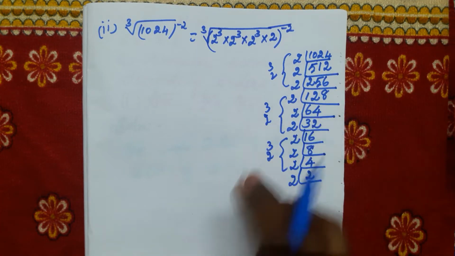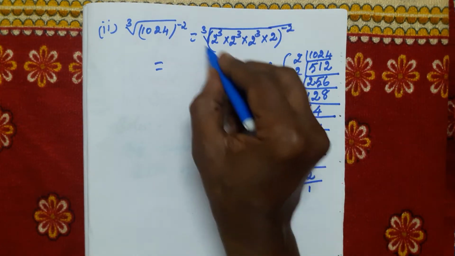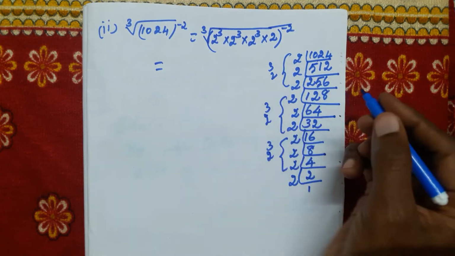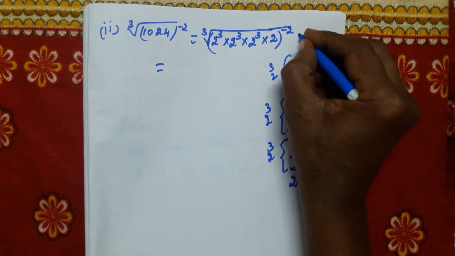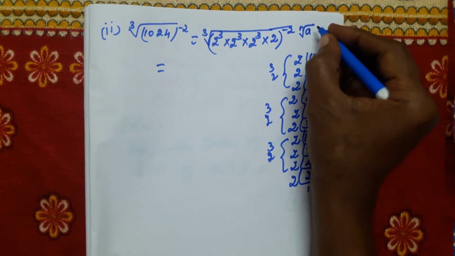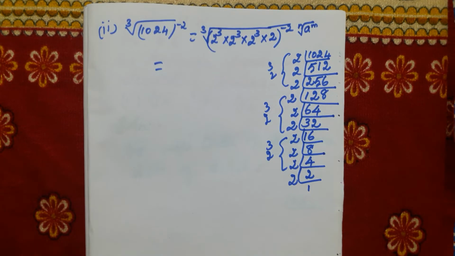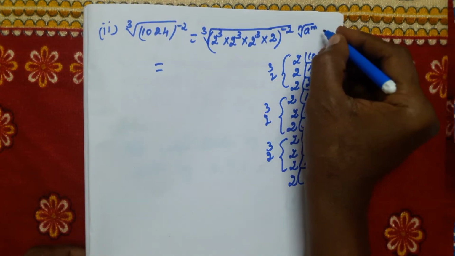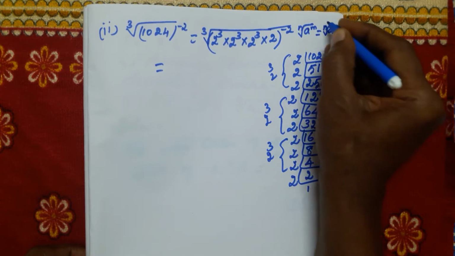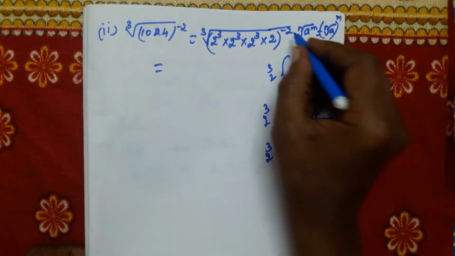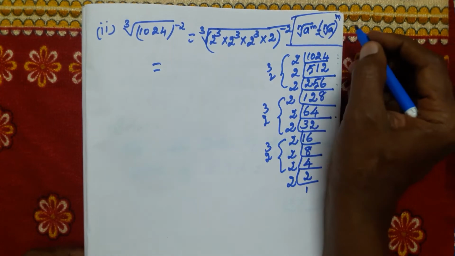Here power minus 2. Now here we can use the law: nth root of a power m is equal to nth root of a the whole power m.